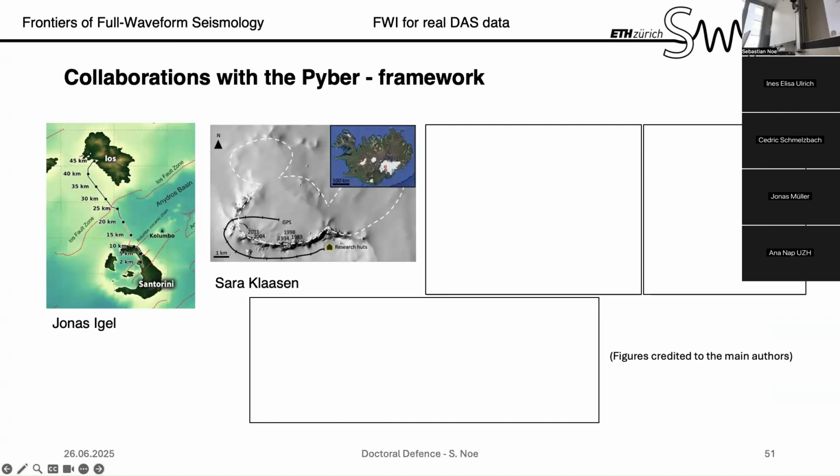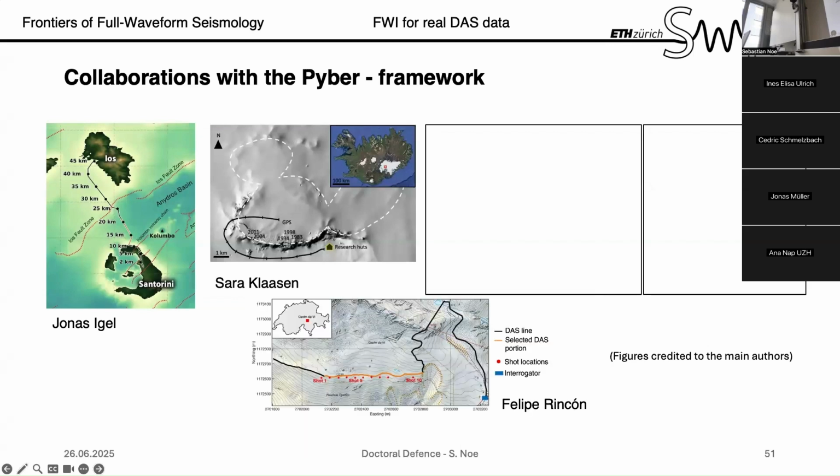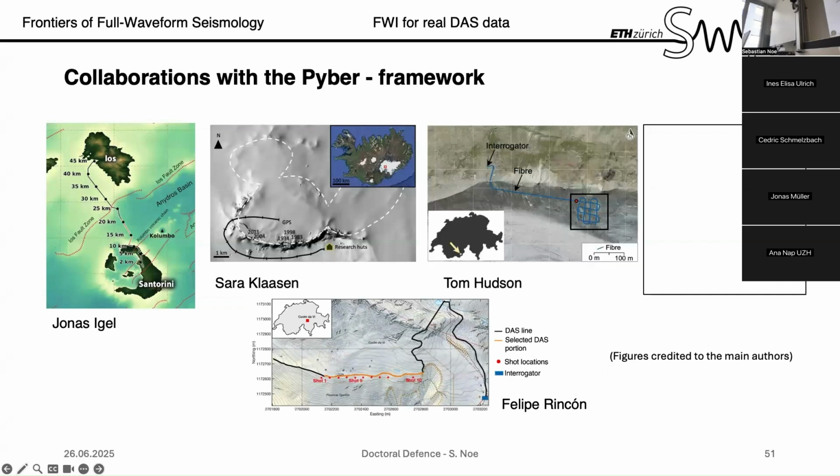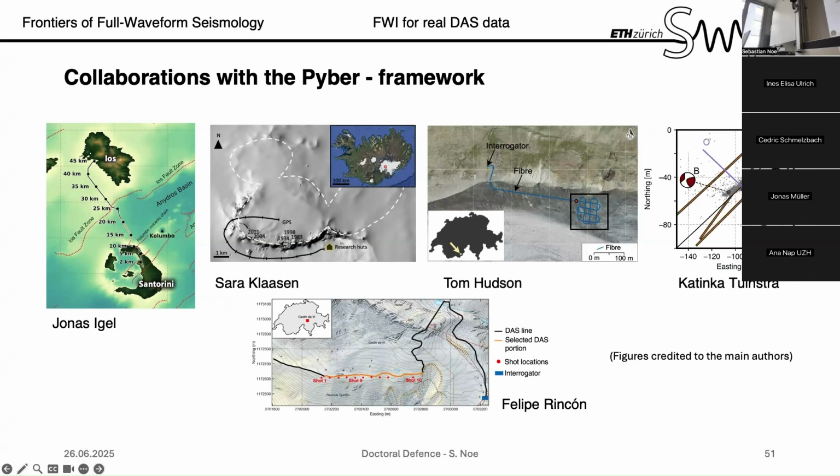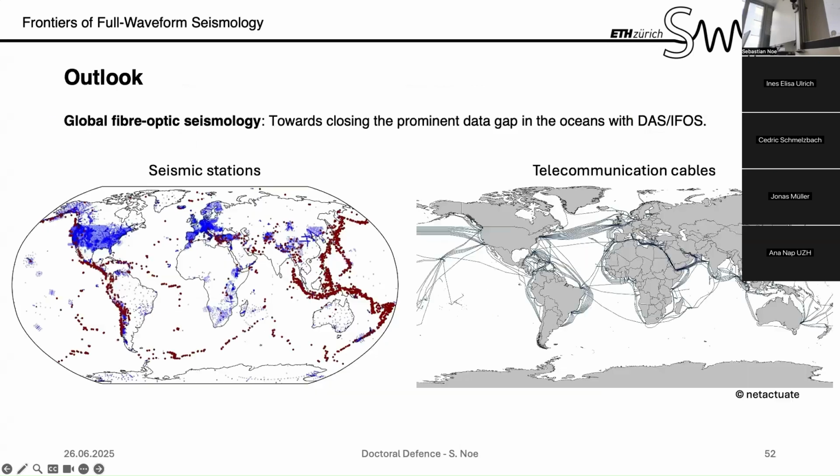Then Sarah is looking at a glaciated volcano in Iceland, trying to do a source inversion there. Then we have Philippe working on a tomography on a landslide here in Switzerland. Tom is working on source inversions on the Gorner Glacier, also here in Switzerland. And Katinka was using it in the Bedretto lab to get the source radiation patterns of microseismic earthquakes.